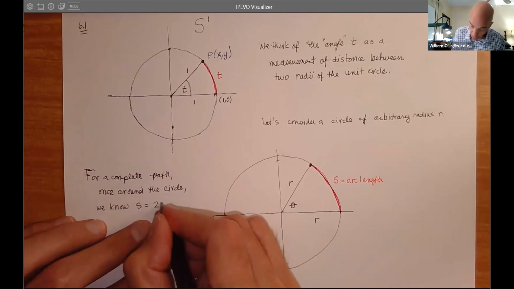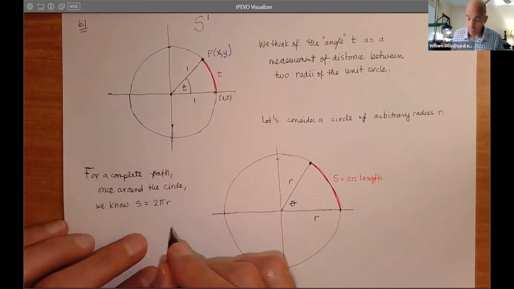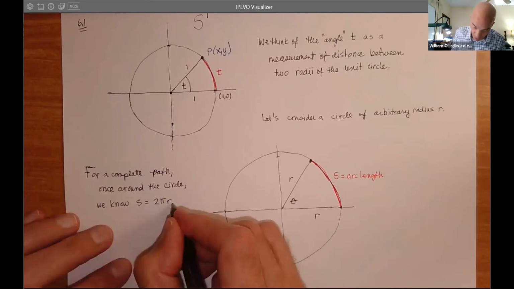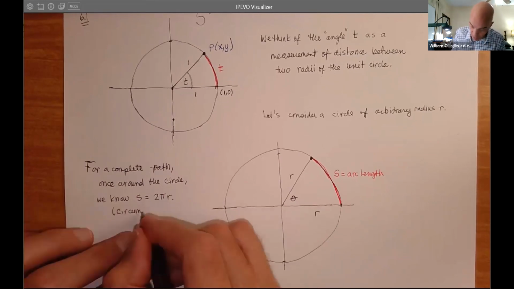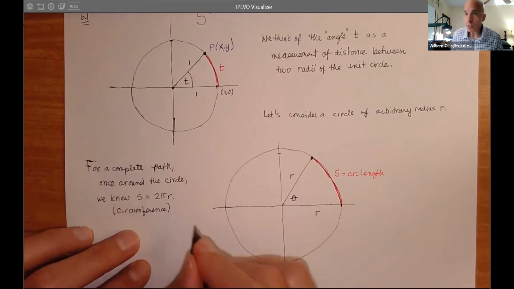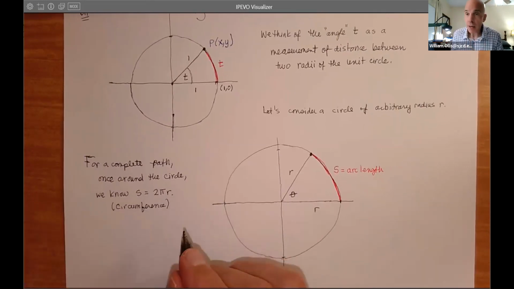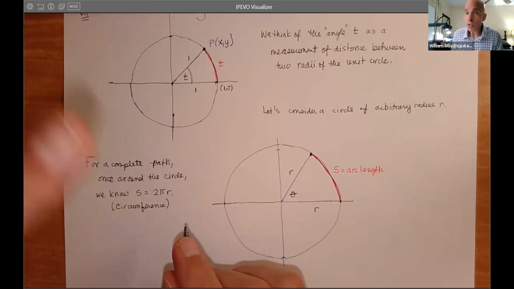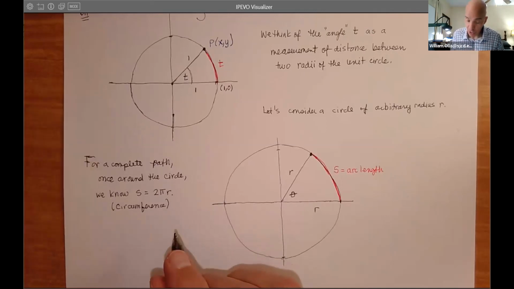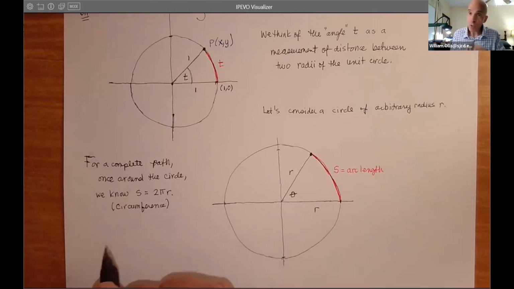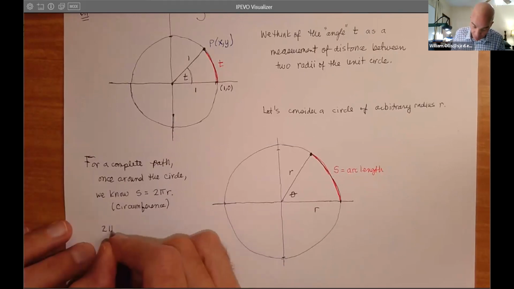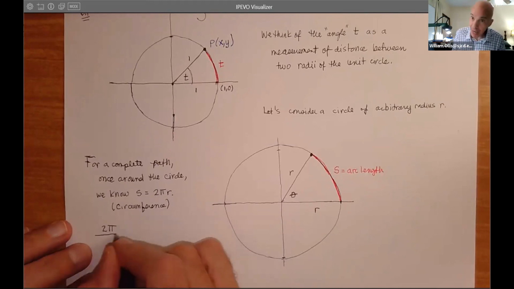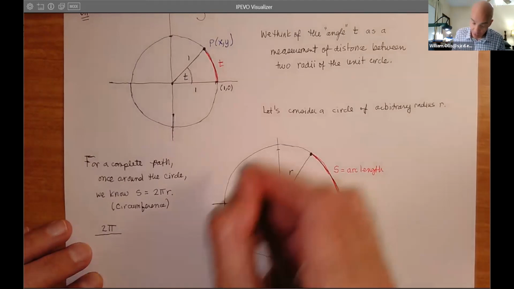That's the circumference. That's just based on the fact that the ratio of the circumference to the diameter of any circle is just pi. And so we get the circumference of the circle if we go all the way around, one complete path, so to speak. So we're thinking angle measure of 2 pi corresponds to a measurement arc length of 2 pi r.